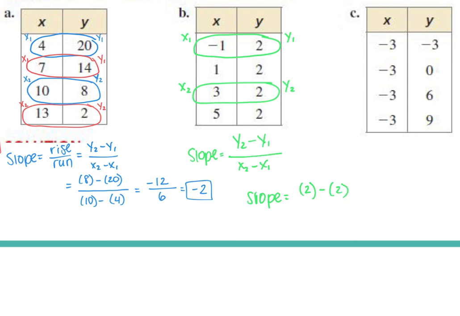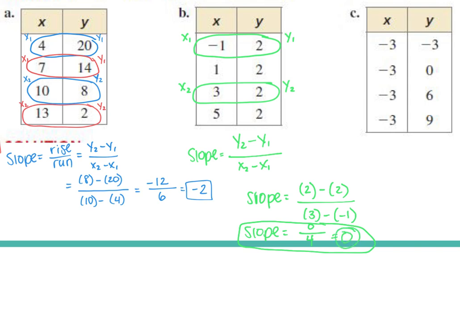Okay, and 3 minus -1. Good. Do you see how putting parentheses is a little bit helpful here, Gio? Yeah. Because we got minus and a minus. Okay, so you said slope, then you got 0 over 3 plus 1, which is 4. I agree with you. What is 0 divided by 4, Gio? 0.